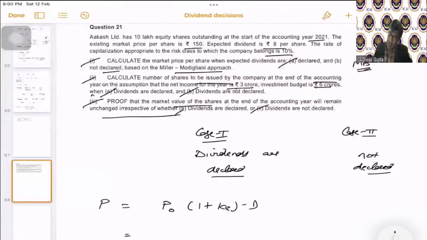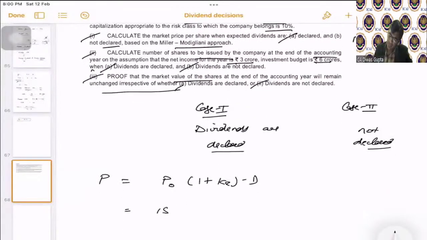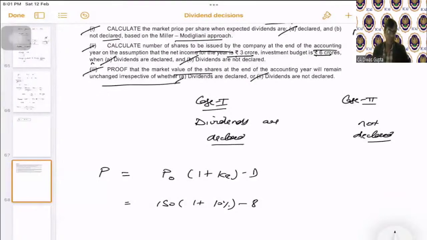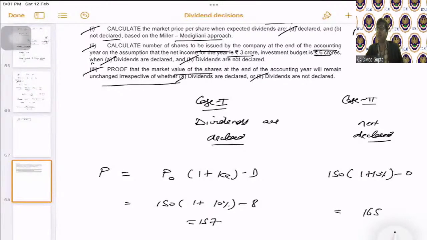So what is the current price? 150 times 1 plus 10% minus, in the first case, the dividend we are paying is 8 rupees, which is 157. In the second case, when the dividends are not declared, 150 times 1 plus 10% minus 0, which will be 165, students, right? I hope this is okay till now.